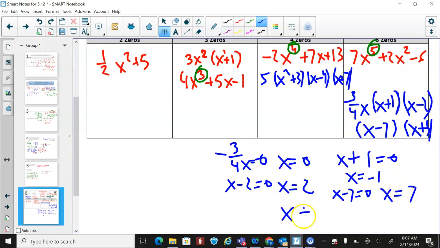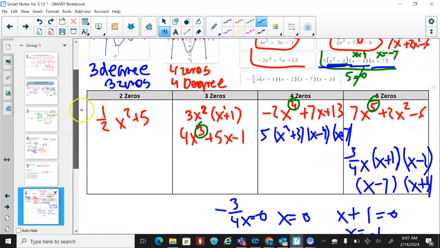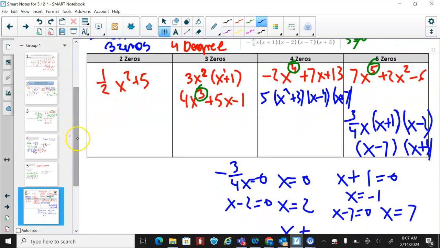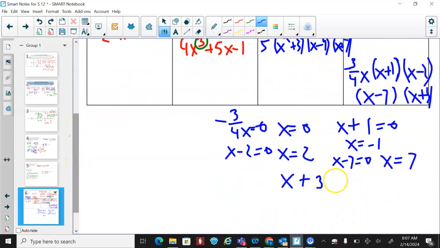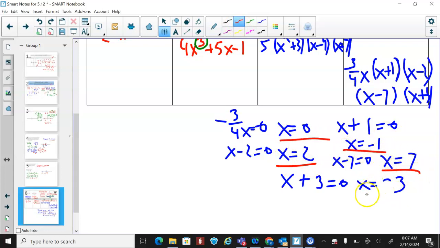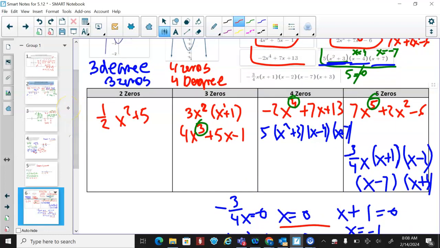And x plus, what was the last one? 3. Equals 0. x will equal negative 3. So again, I have 1, 2, 3, 4, 5 zeros. 5 roots. So that's where I count. 1, 2, 3, 4, 5. All right.